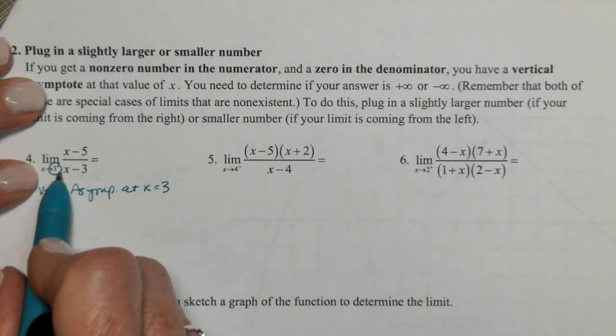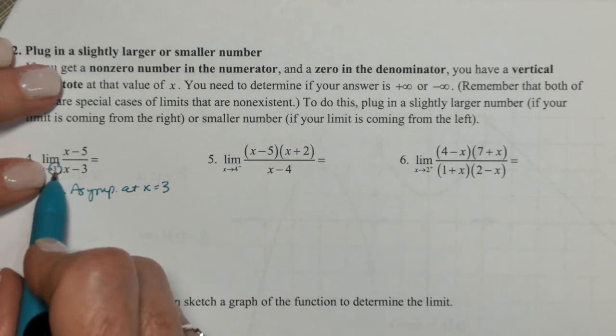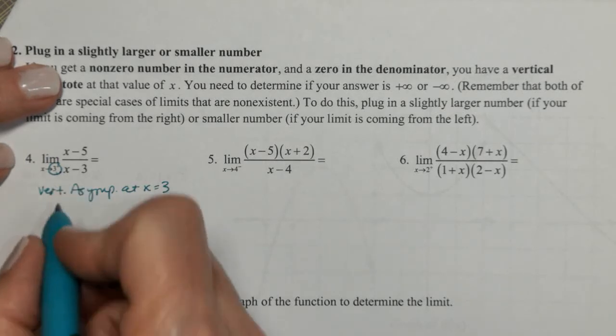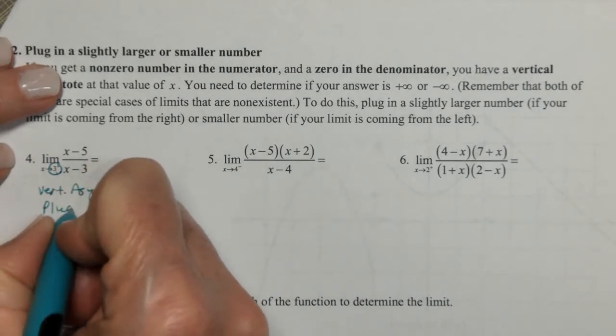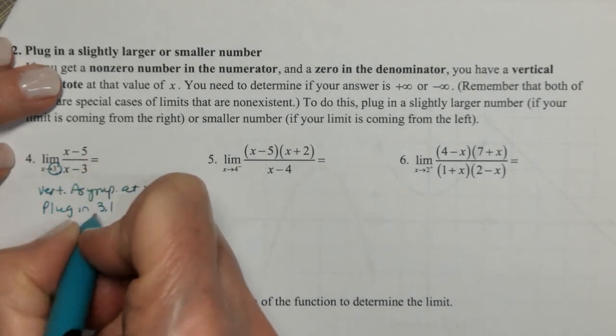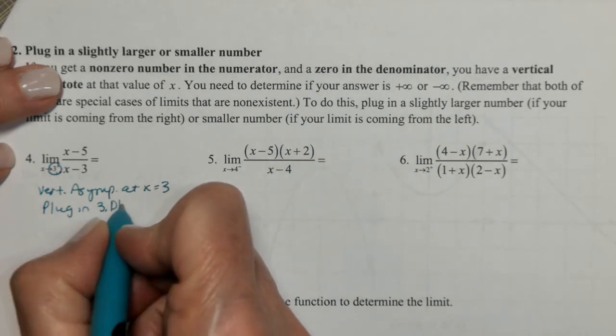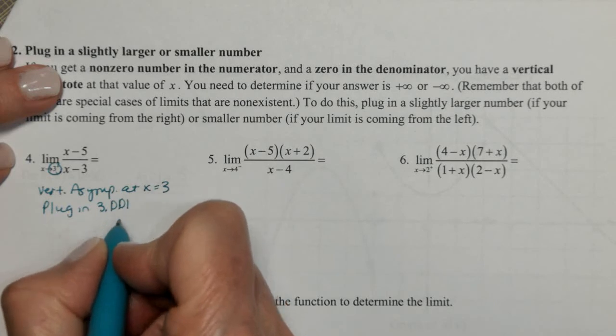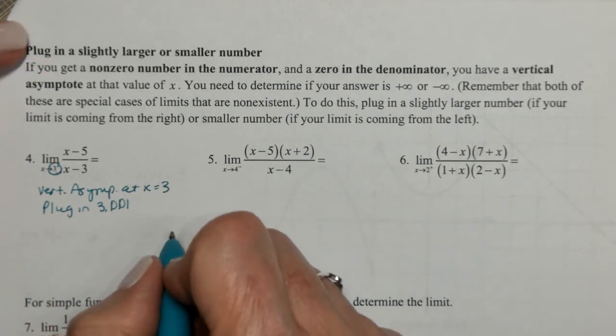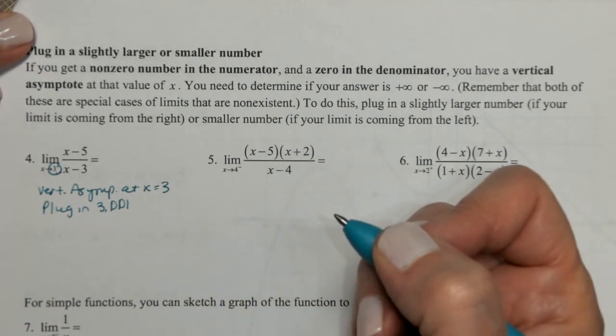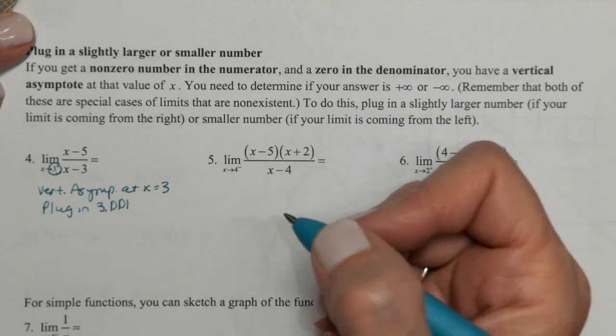And don't say 4, because that's not close enough. How about 3.1? Or maybe 3.01, or maybe 3.001. Just something very close to 3, but just over 3.